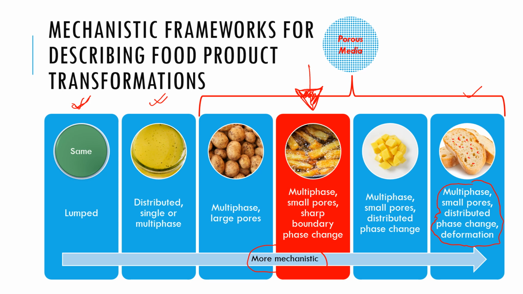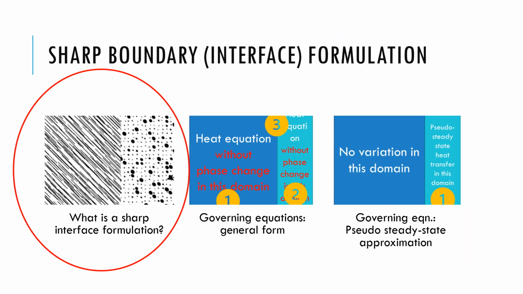So this is an important one because it gives reasonable estimates of how long it takes for the phase change to happen for many different scenarios. We will discuss this in three parts.